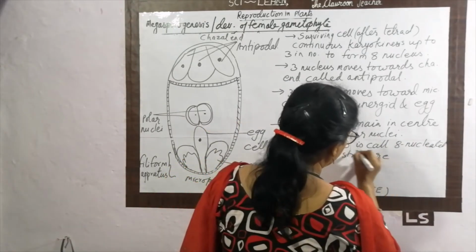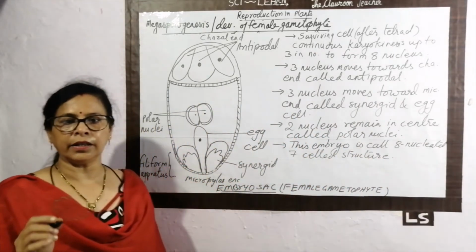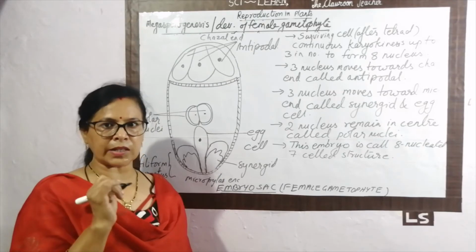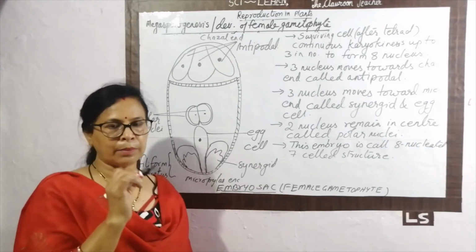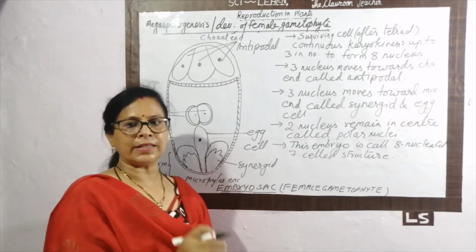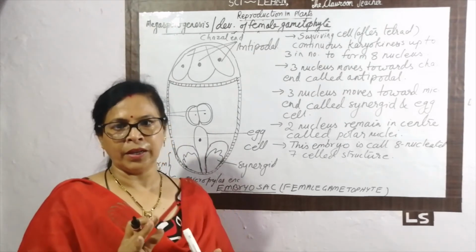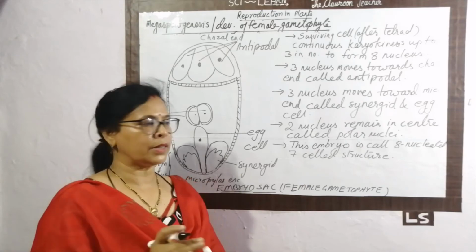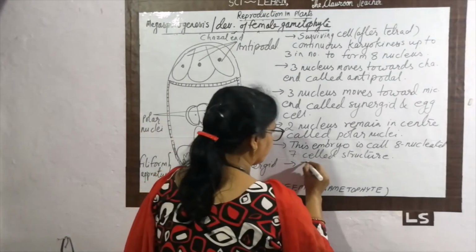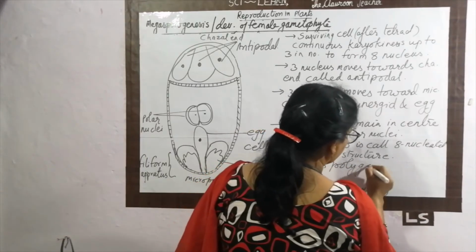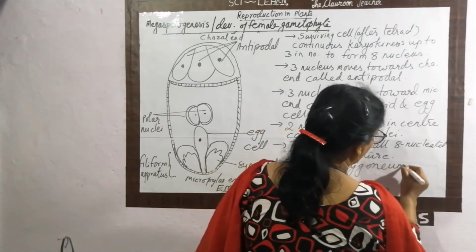Why is it called the 8 nucleated and 7-cell structure? Because total 8 nucleus are present here, and the number of cells present is 7. It is a polygonum type of embryo.